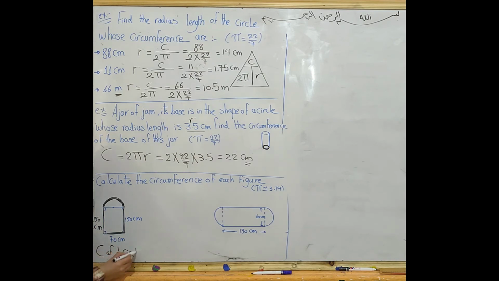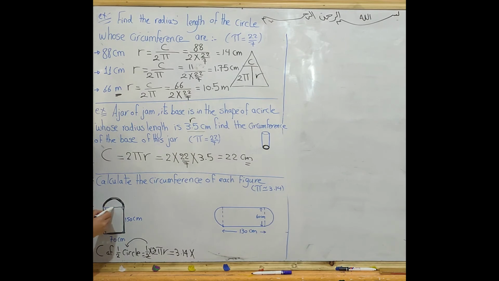The circumference of the half circle equals 2 pi r times a half. Half times 2 cancels, so it equals pi, which is 3.14, times the radius. Where is the radius of this circle?